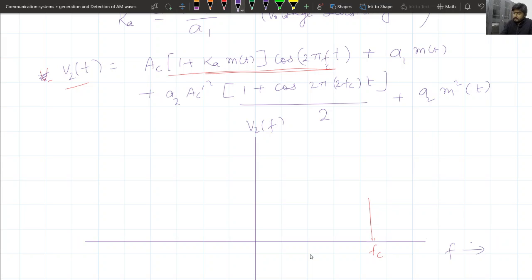And let's say this is the nature of our baseband signal with maximum frequency fm, symmetrically over the negative frequency.